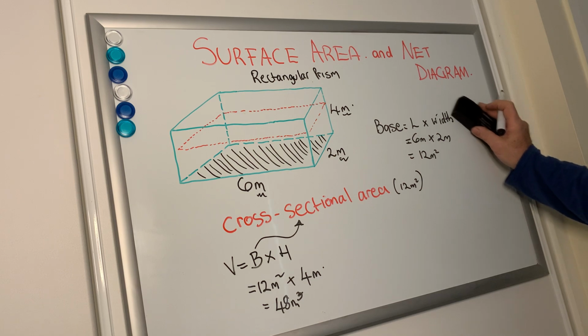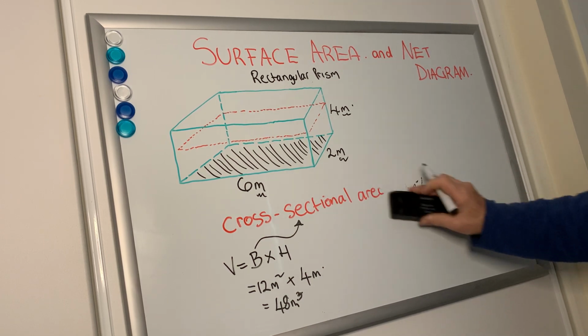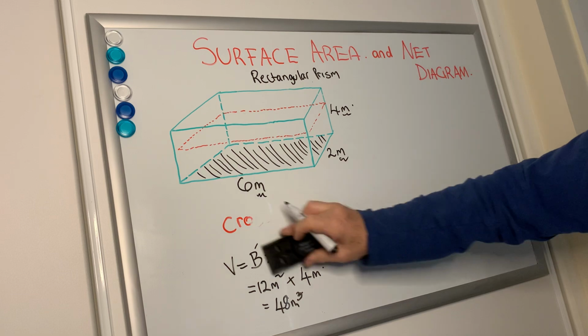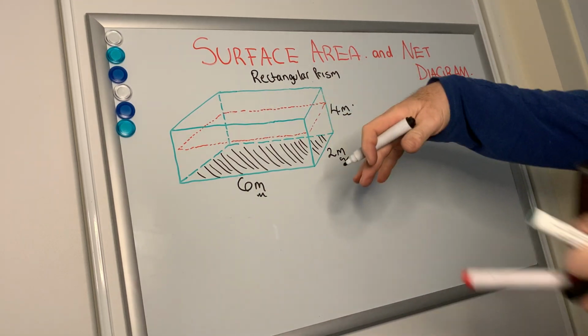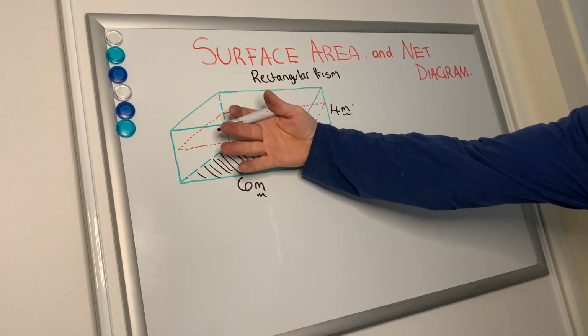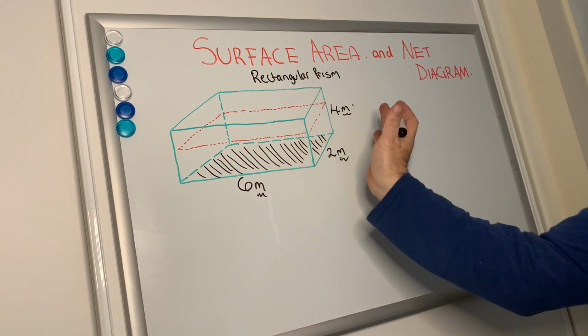Now, with that being said, in terms of our surface area, let's say for example we were to dissect or unfold this. There's our front, and we unfold it this way. There's our sides, and we unfold it this way.